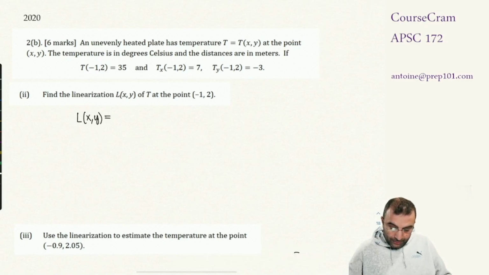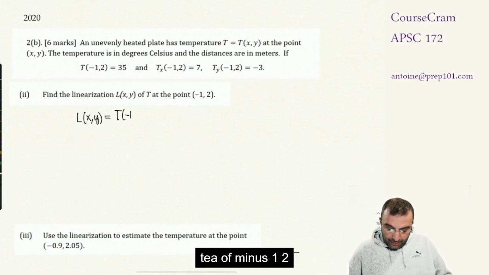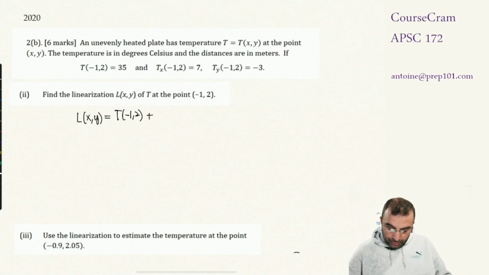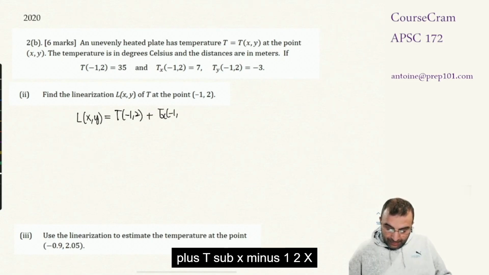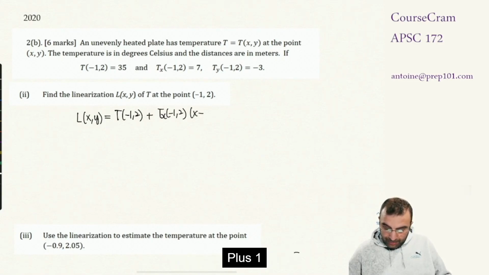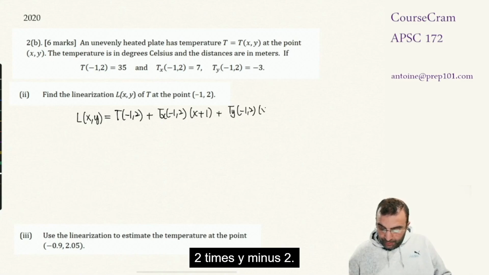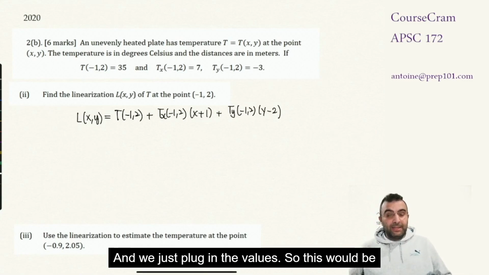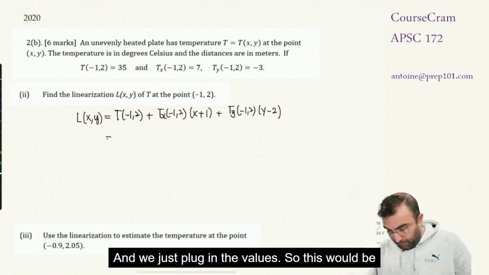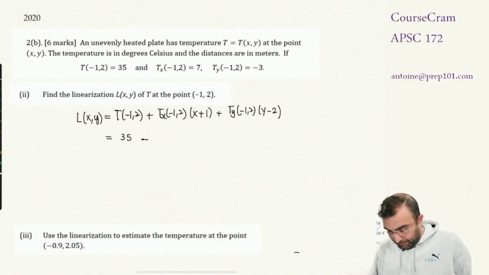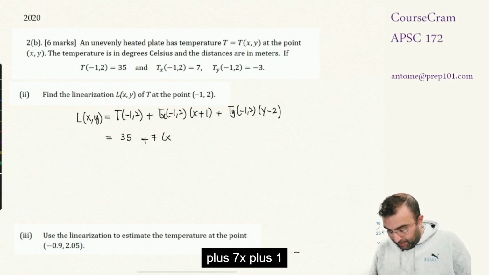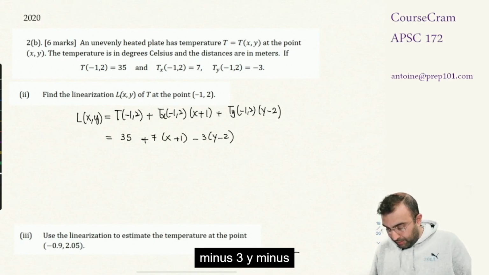L(x,y) is equal to T of (-1,2) plus T sub x at (-1,2) times x plus 1 plus T sub y at (-1,2) times y minus 2. And we just plug in the values. So this would be 35 plus 7 times (x plus 1) minus 3 times (y minus 2).